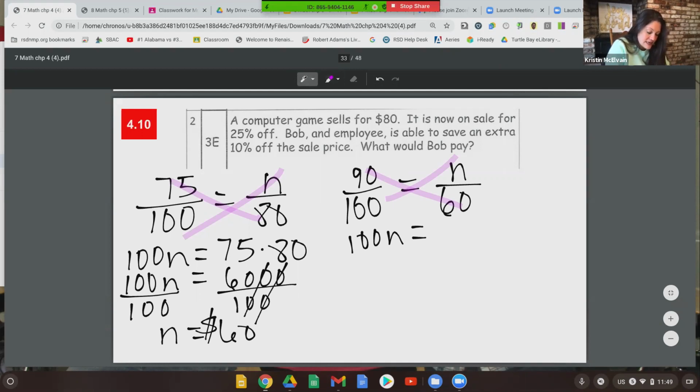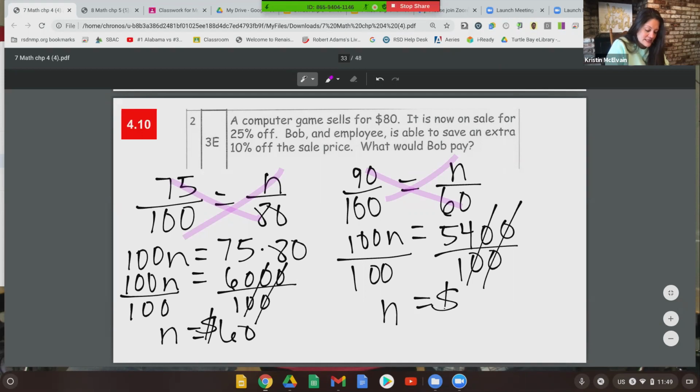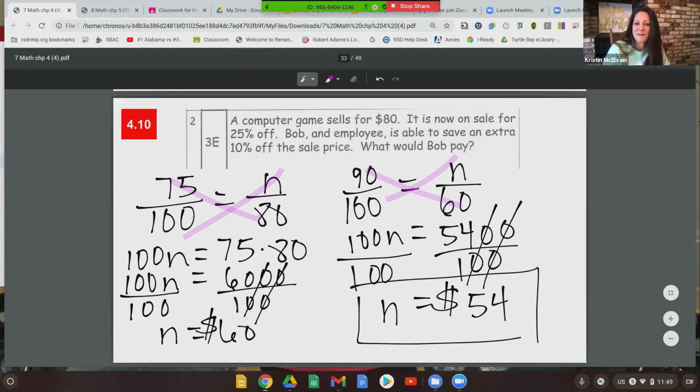Well, 9 times 6 is 54, and then there's 2 zeros. Divide both sides by 100. Zeros cancel. That means that Bob gets the bargain price of $54 for his computer game.